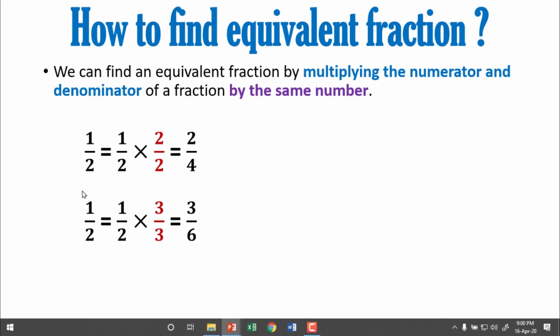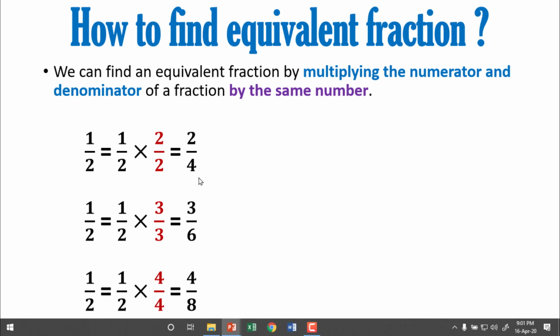Another one, if we multiply the numerator and denominator by 3, we get 3 ones is 3, 3 twos are 6. So 3 by 6 is an equivalent fraction of 1 by 2. Again, 1 by 2, if we multiply by 4, we get 4 ones is 4, 4 twos are 8. So 4 by 8 is an equivalent fraction of 1 by 2.